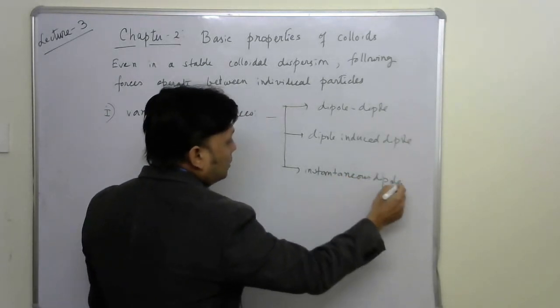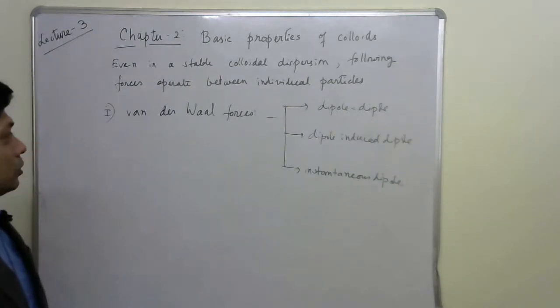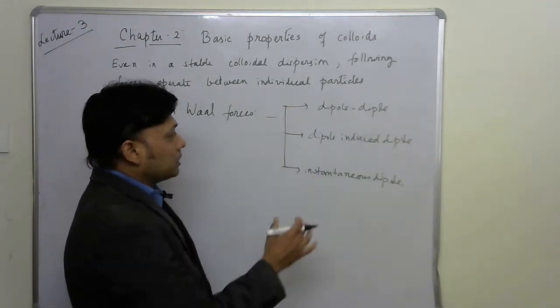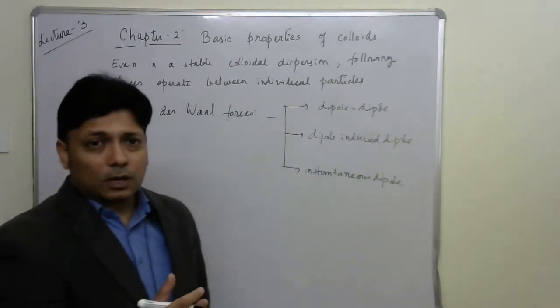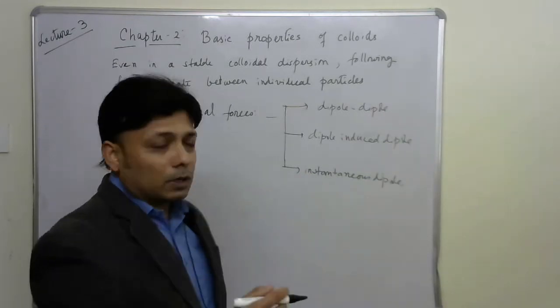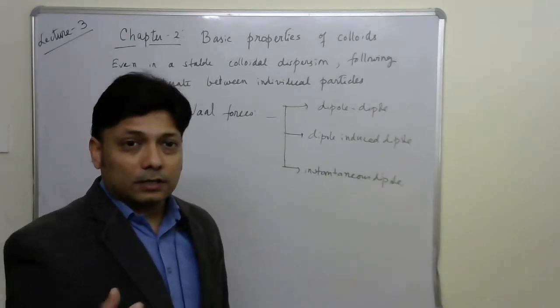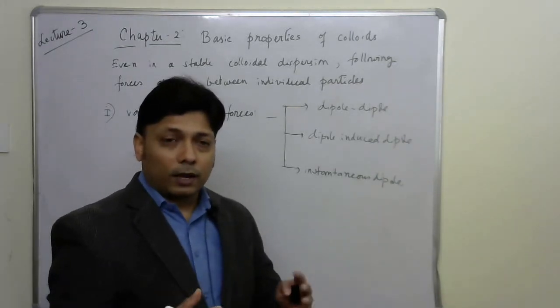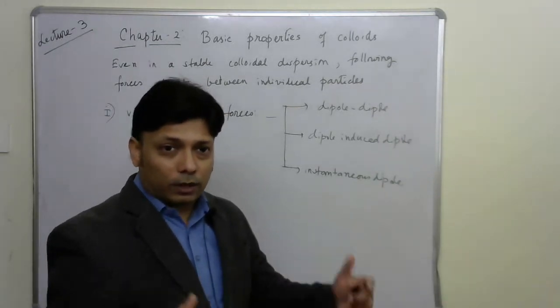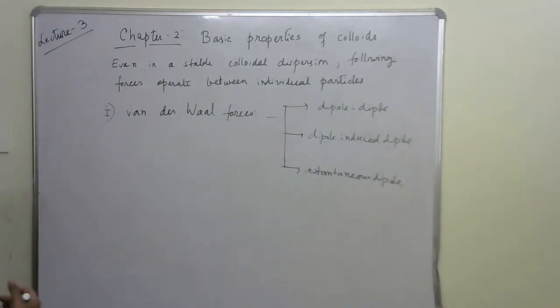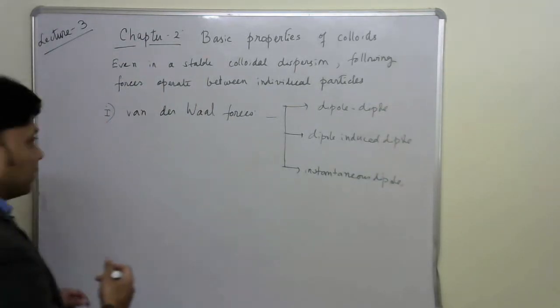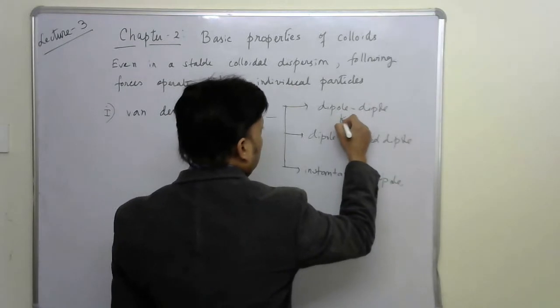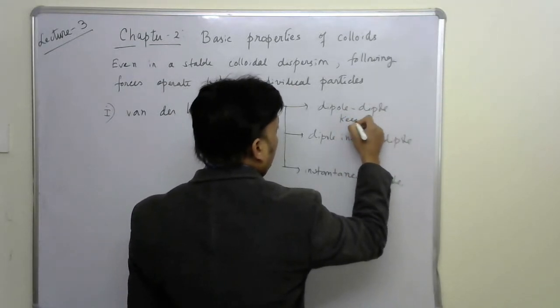Now let's try to name these forces, because they have special names after some great scientists who contributed a lot to identify them and made equations to define them. The dipole interaction force is known as the Keesom force.